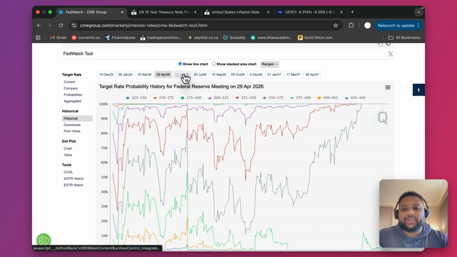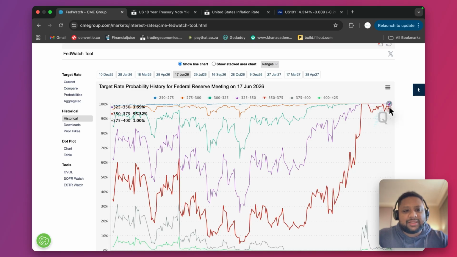And then when we move over to July, you'll notice that the shift starts to take shape, where as we move further into the year, the probability decreases ever so slightly. Before, it was certain that we're going to see rates remain the same between 350 and 375.